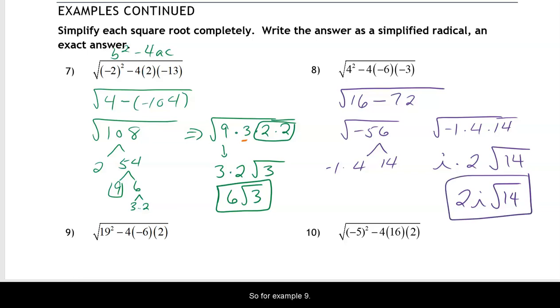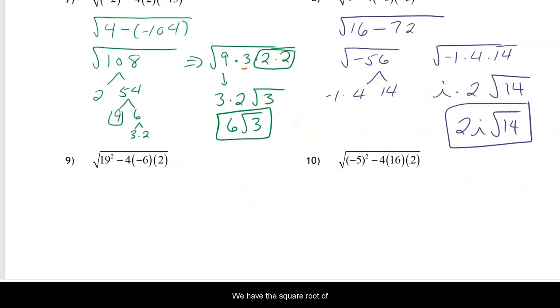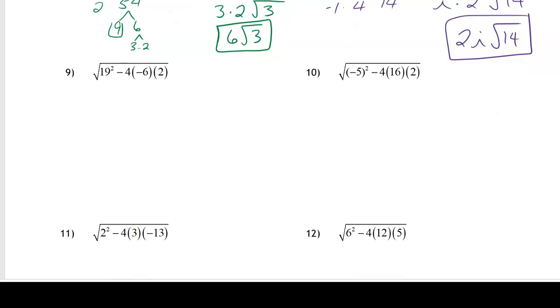Okay, so for example 9, we have the square root of 19 squared minus 4 times negative 6 times 2. So go ahead and draw my square root symbol there. Do 19 squared.